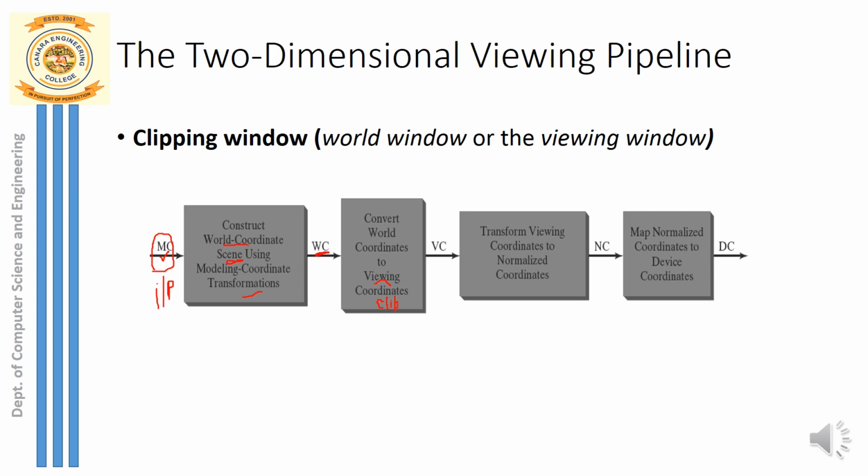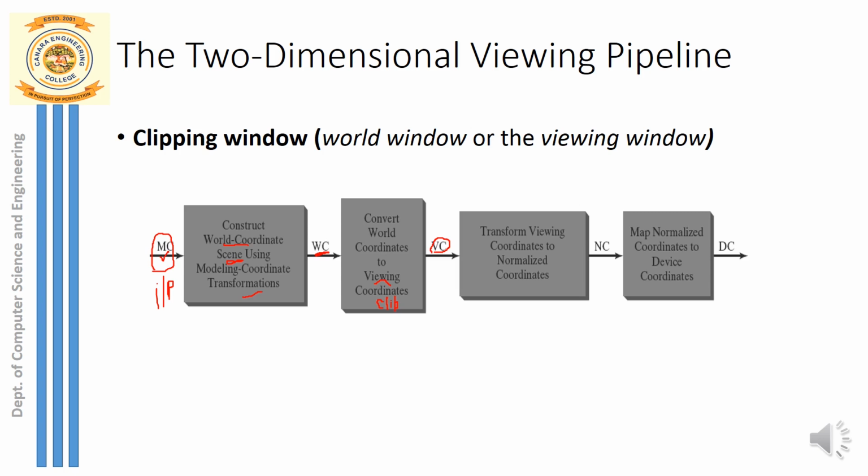With the help of that, you view the desired portion in the scene, then you clip it, and now you are ready for mapping into the viewport. From window to viewport, you are ready to map. So the output of that is viewing coordinates. Your clipping is performed, and what has to be viewed is ready.